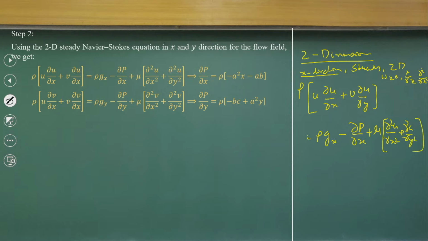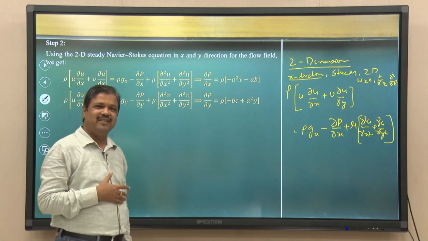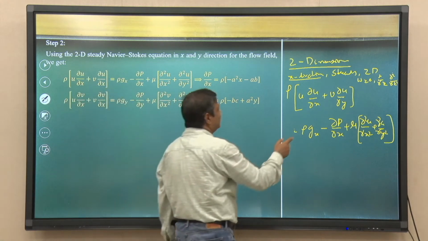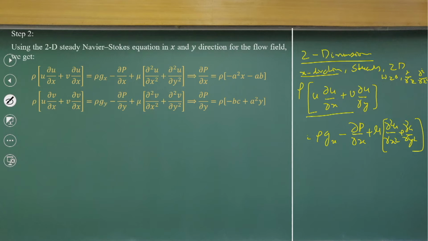You have to have a trick to expand the Navier-Stokes equations. Look at the local acceleration term. There is a gravity force component, the pressure force component and the viscous force. This is 0. Anyway, we made it so. There is no component of g x.